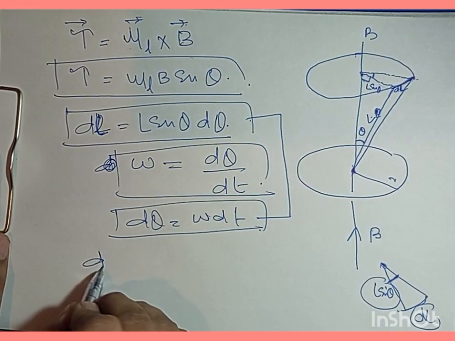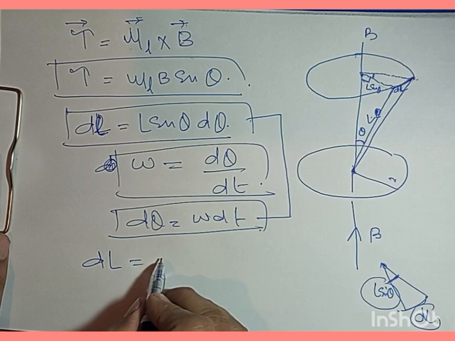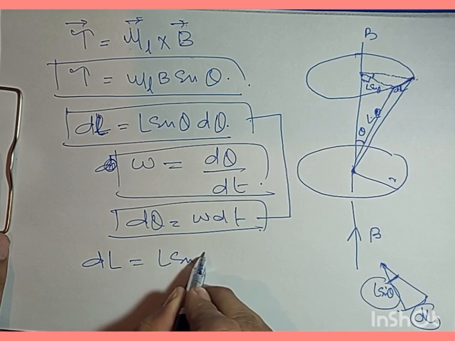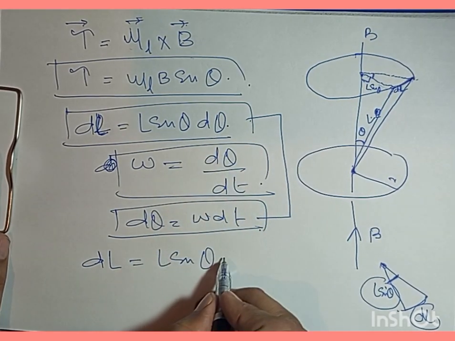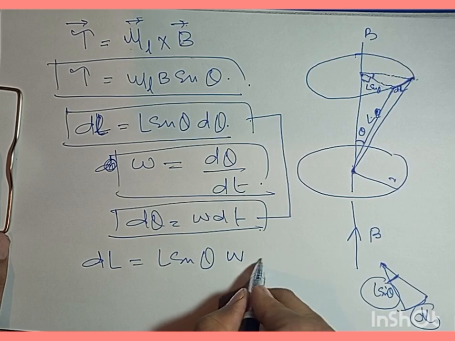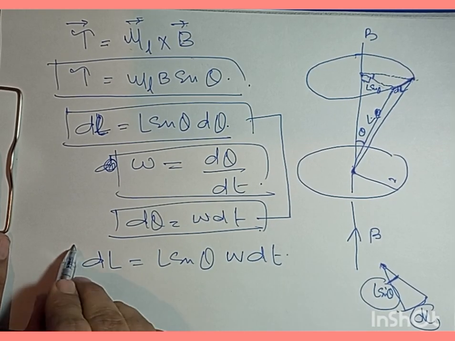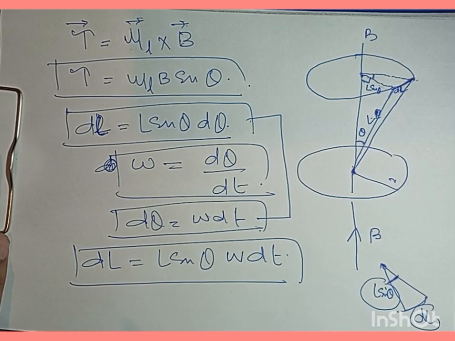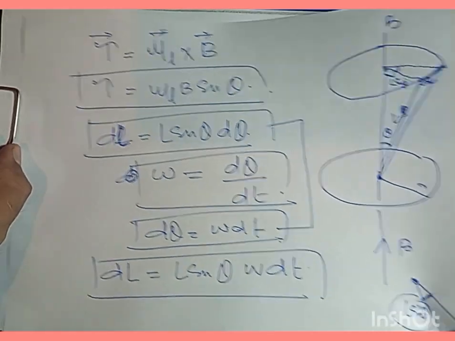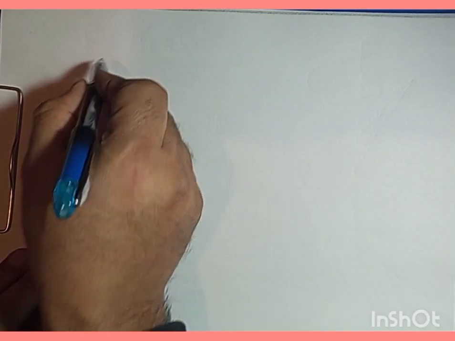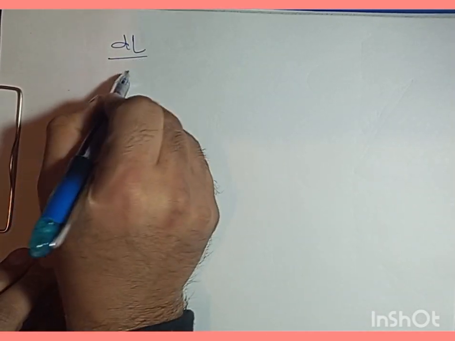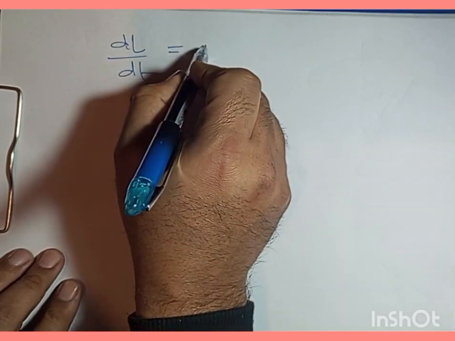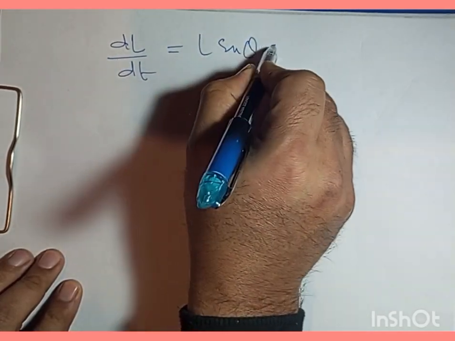What I am going to get is dl is equal to L sine theta, and for d theta, I'm going to write omega dt. Right. Now I can write down here that this dl by dt is L sine theta omega.